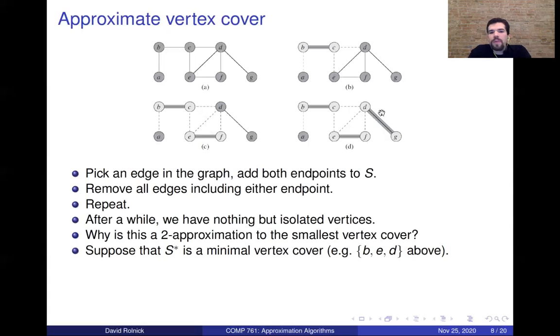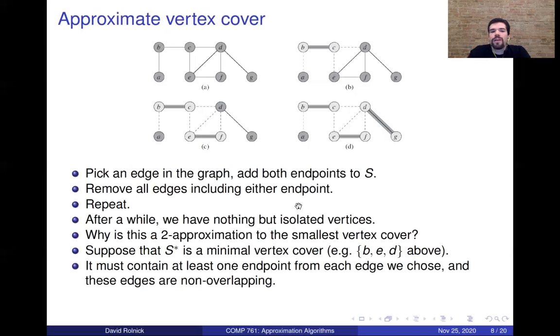Yeah, so suppose that we have a minimal vertex cover. And let's call this S star. So for example, a minimal vertex cover here could be B, E, and D. Every one of the edges in this whole graph is covered by one of B, E, and D. Now, if we have this minimal vertex cover, it must contain at least one of the endpoints of each of the edges we added.